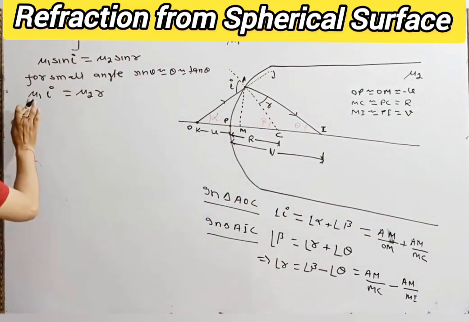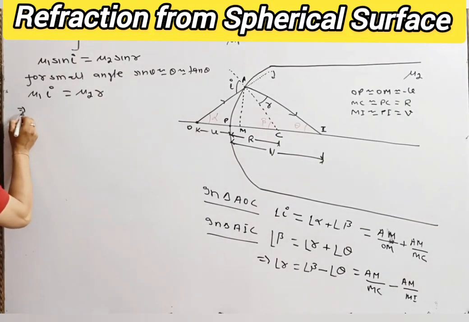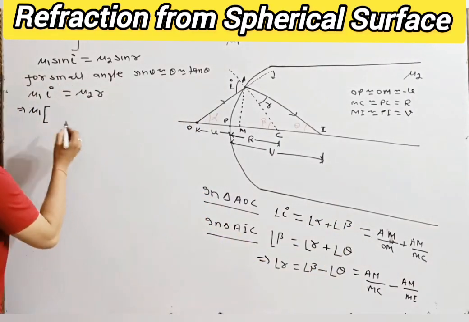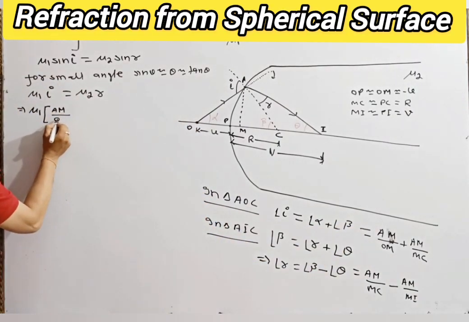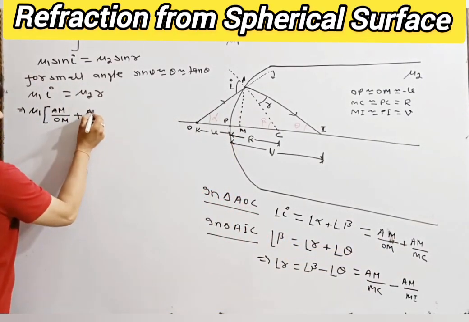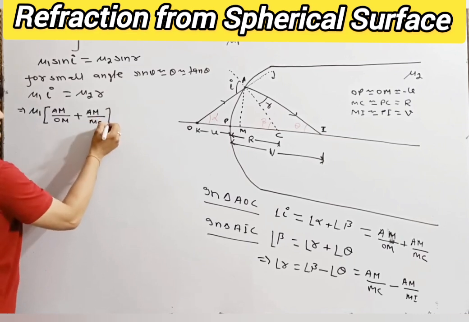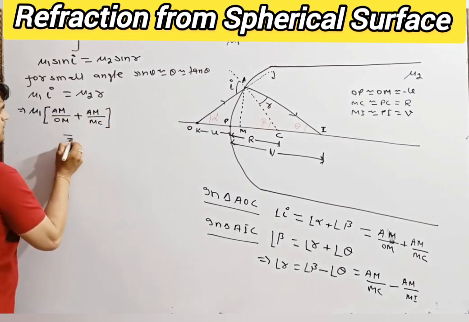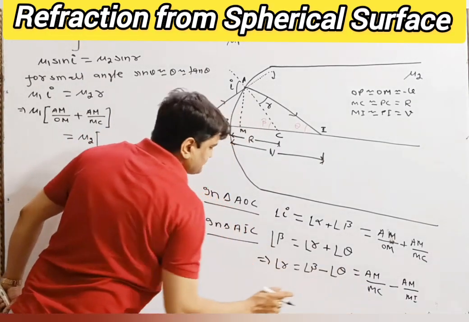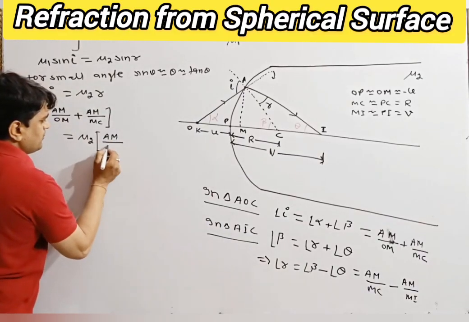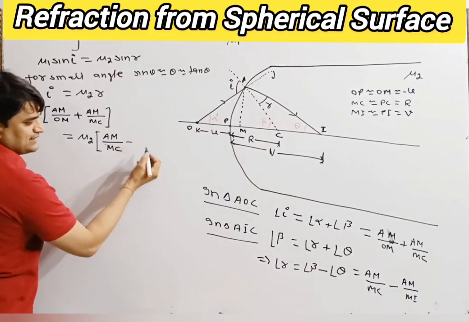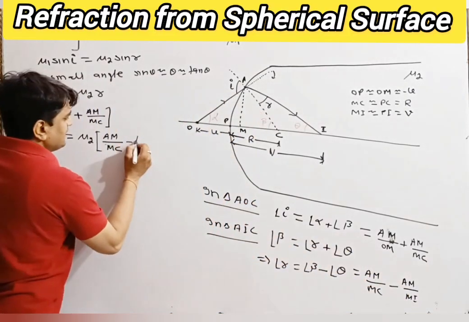Now put the values. mu1 i, that is mu1, and what is i? i is AM upon OM plus AM upon MC, equal to mu2 r. What is r here? It is AM upon MC minus AM upon MI.